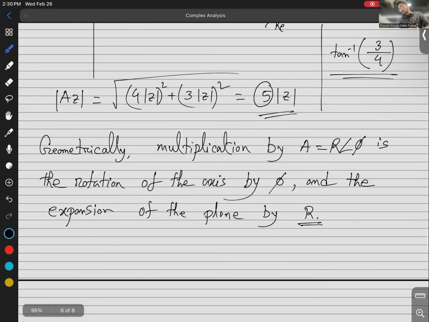Okay, so geometric multiplication by a complex number is basically expanding the length by the modulus of that number, and the angle will be added to the initial angle of z.